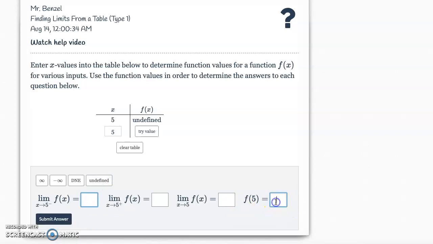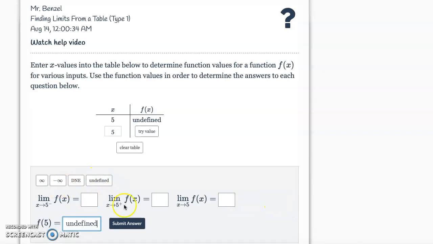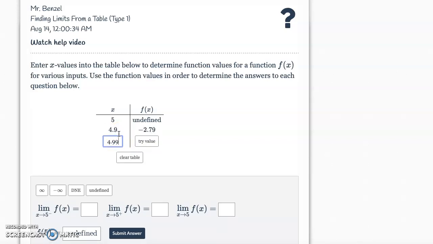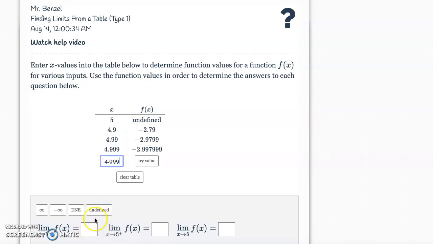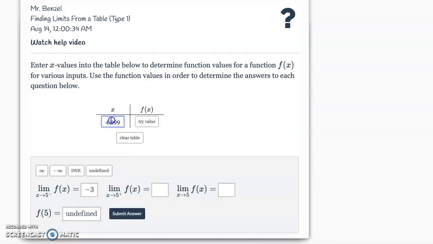I'll just click in here, undefined. And then I'm going to try a number a little bit less than 5. Let's say 4.9, maybe 4.99 and 4.999. And I get ever so close to what looks like -3. Now I'll clear my table so that it's a little less busy.